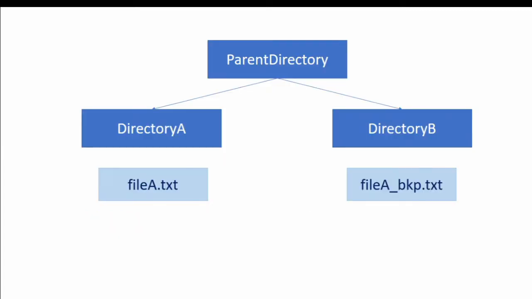Suppose we have a file in directory A, and we want to create a backup of this file in another directory, for example in directory B. Backup, or simply if you want to copy it for any other reason. Here I have chosen bkp for backup, but it can be copied for another reason.